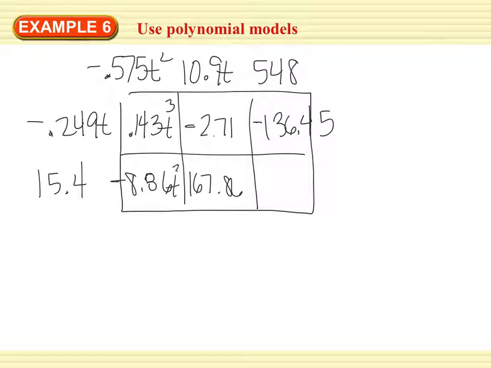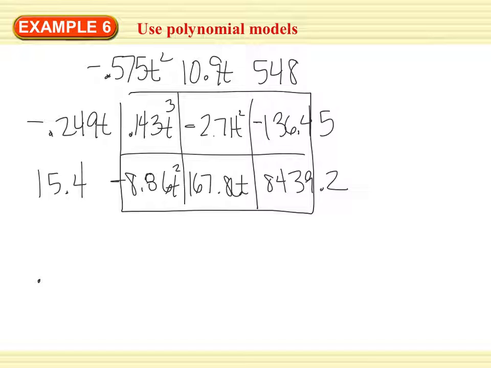I didn't get my variables. I didn't get them here either. Sorry, I'm going willy-nilly, aren't I? This would be t. Cool, now I can collect like terms. I have, did I do all my negatives right?